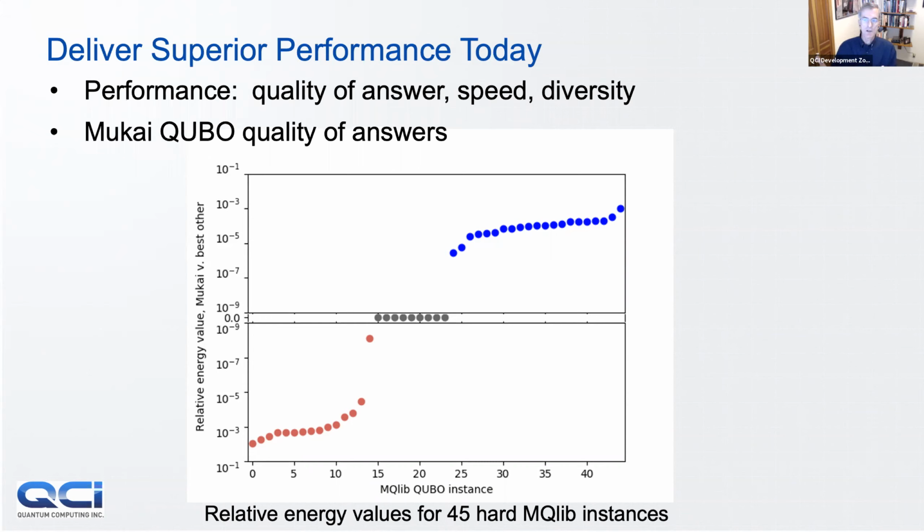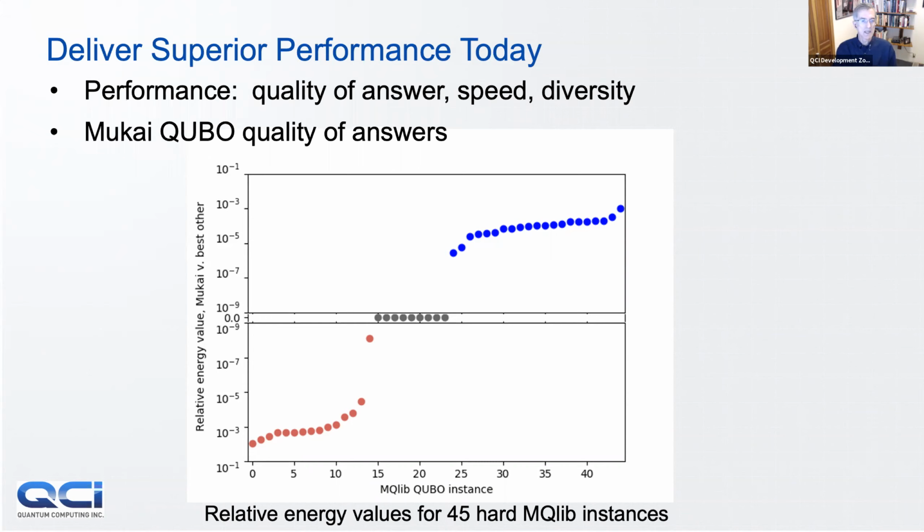And here's the quality of answers we got. I should also call out on the Y dimension, is the relative energy value. In the MQLib world, they ran a bunch of stuff and they got the best answers. So this is looking at those best answers and where we are, but it's only relative.